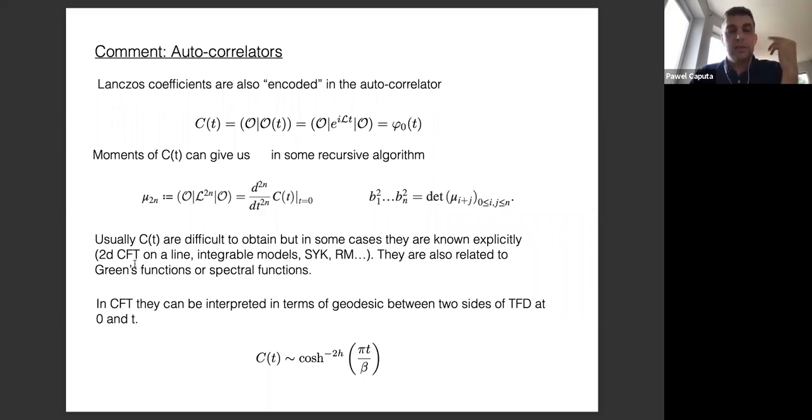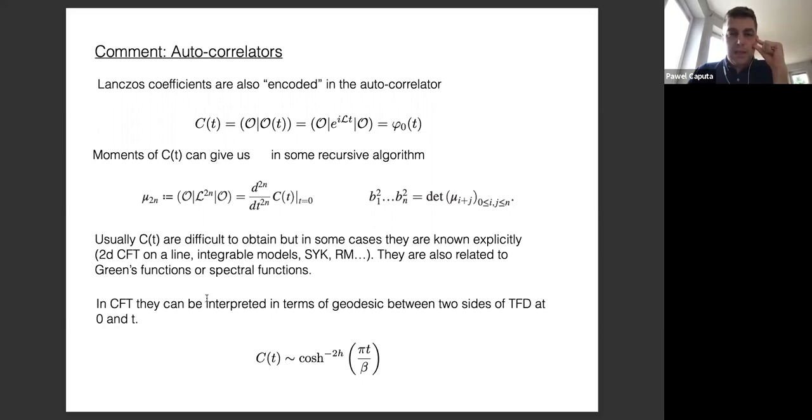For example, for 2D CFTs on the line, for a certain inner product, or integrable models, or random matrices, or the SYK model. And this is another useful way of checking consistency: if you solve your recursion relation for a certain operator in a certain theory and you know the autocorrelator, you can check that this answer should be the same as the one from the autocorrelator.